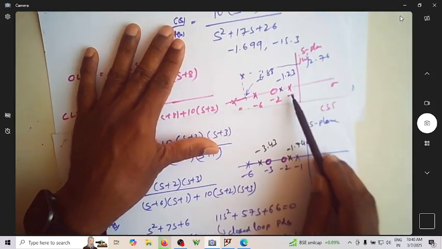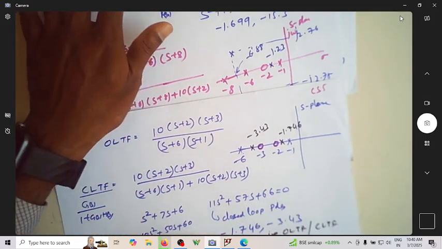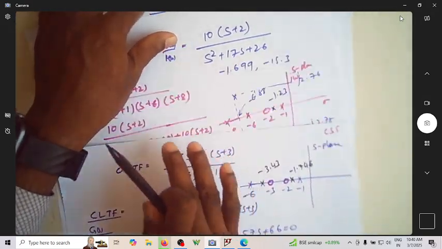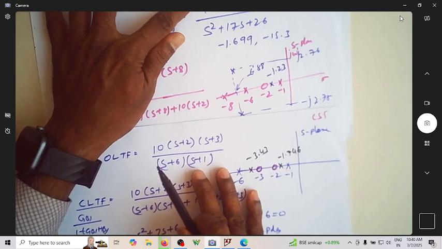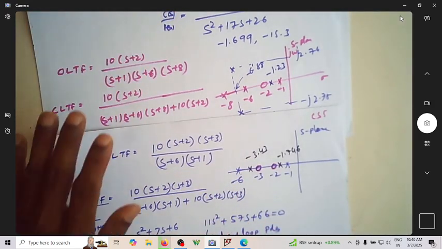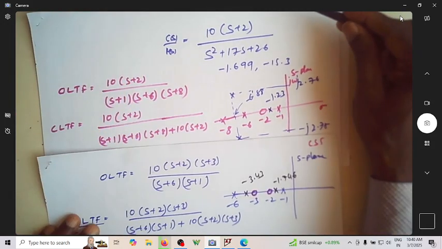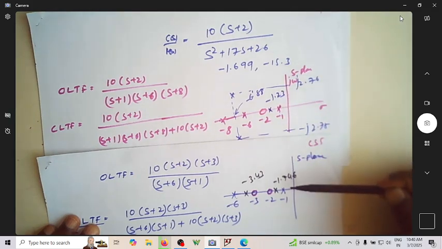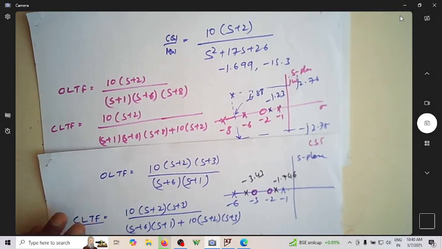These are the open loop pole positions, whether you added a pole at 0 or whatever. See here, this was there at -1, -1, -1. And -6, -6, -6. They are there.